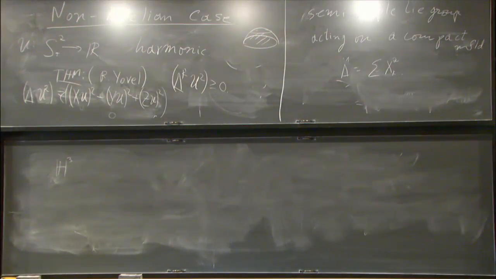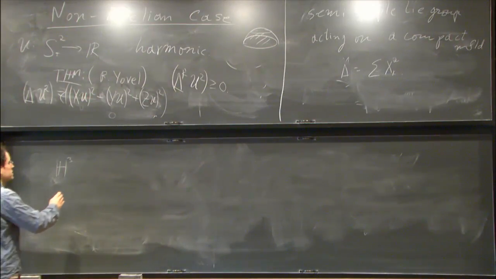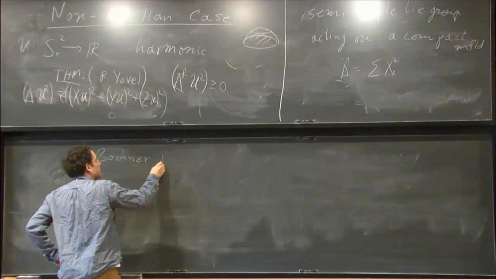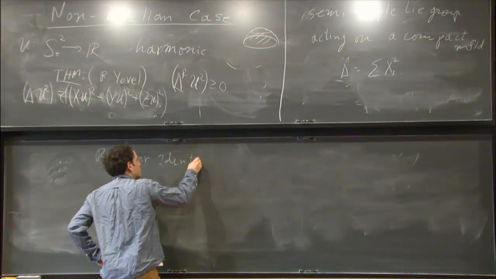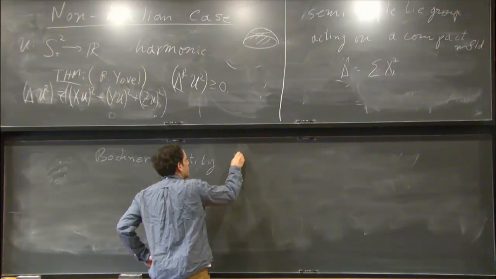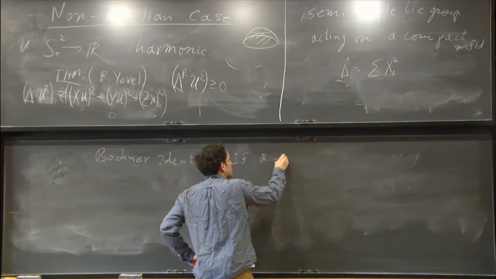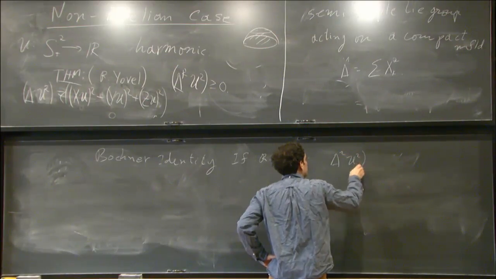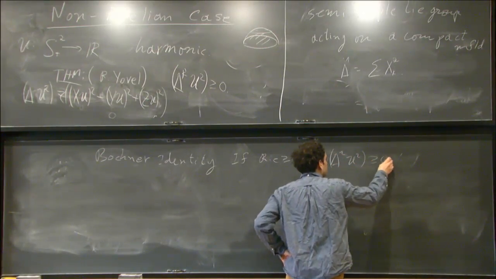In fact, we know by Bochner that the second Laplace is positive. The Bochner identities show that if the Ricci curvature is non-negative, then Laplace squared of u squared for u harmonic is non-negative.